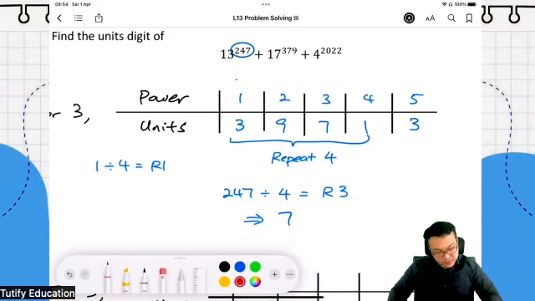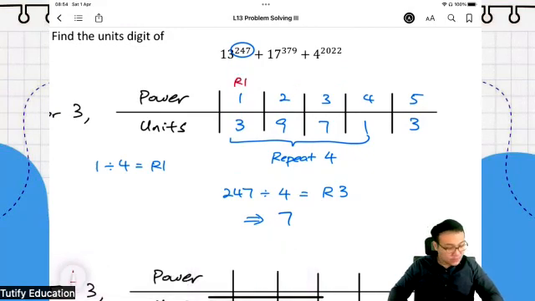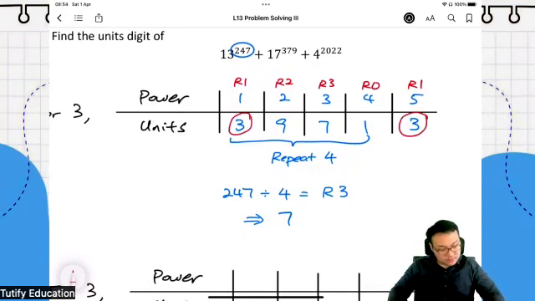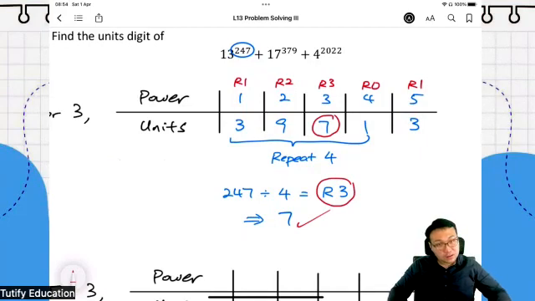Can you see this remainder is 1? 2 divided by 4, 3 divided by 4, 4 divided by 4, 5 divided by 4. Every time the remainder is 1, the unit digit is 3. Every time the remainder is 2, the unit digit is 9. If I have a remainder 3, then my unit digit must be 7.